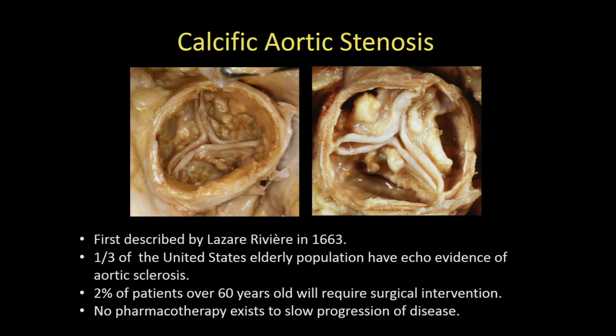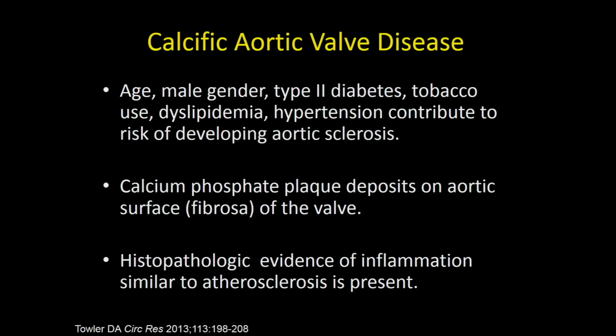It's estimated that a third of the elderly population in the United States have some evidence of calcification of their valve, and also estimated that 2% of people over 60 years old will require some kind of intervention, whether surgical or transcatheter, on their valve at some point in their lifetime. Unfortunately, even though we've tried to look at different pharmacotherapies to reduce the progression of aortic stenosis, there really is none. So it's really a mechanical problem with a mechanical solution.